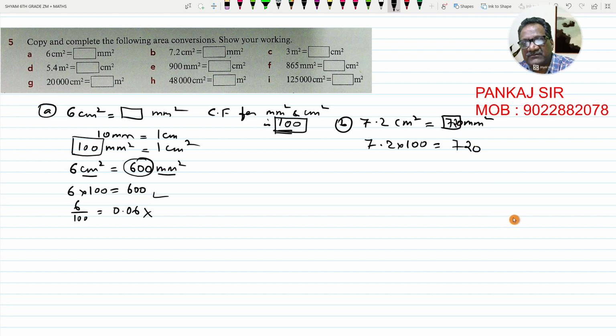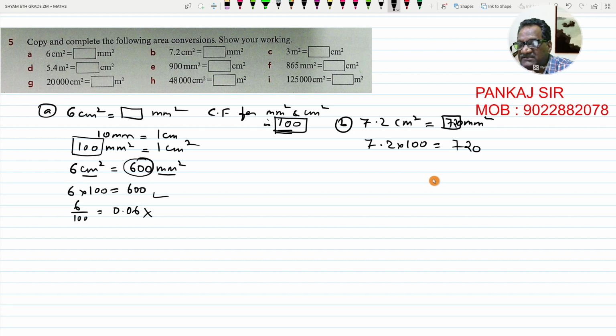Are you getting it? It's very quick, but you should be very confident about the conversion factor, number one. And second, you should be very confident whether you have to multiply or divide. I have seen in my career many students, instead of multiplying, divide 7.2 by 100, and they get obviously a very wrong answer. So this is the trick behind it: how to decide which is a smaller unit and which is a bigger unit. That comparison you should understand nicely.